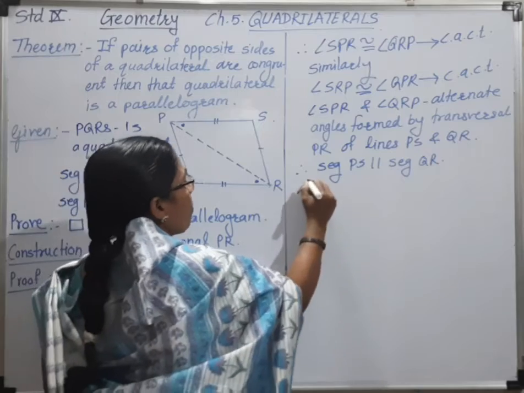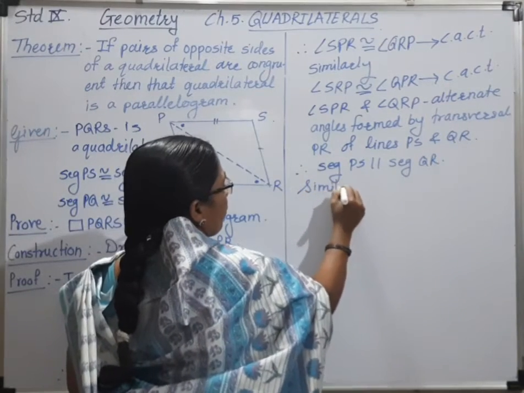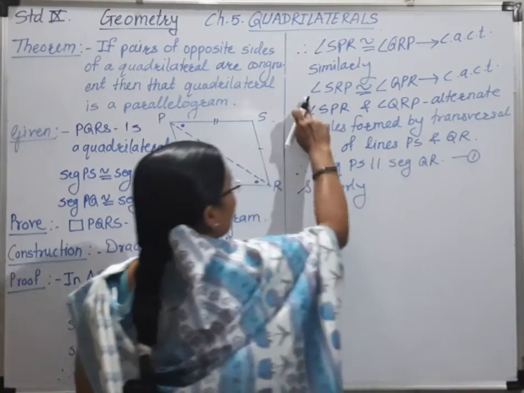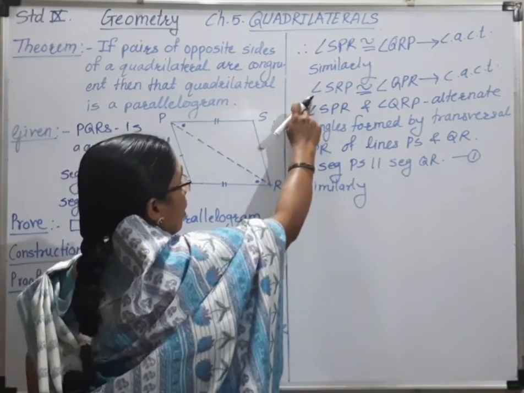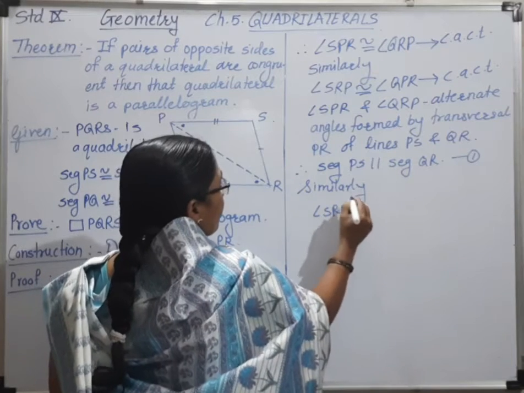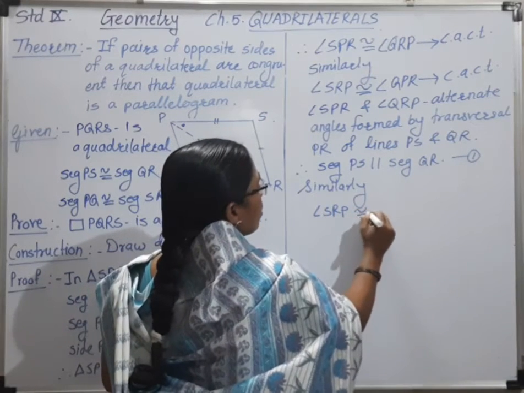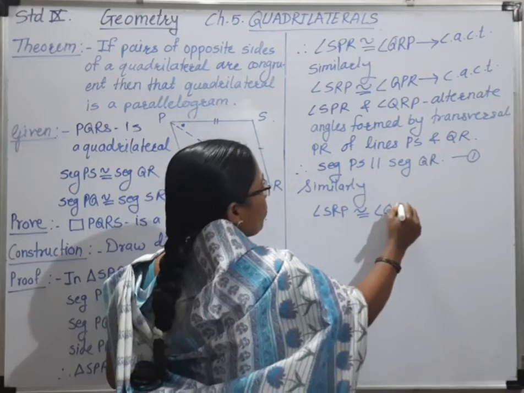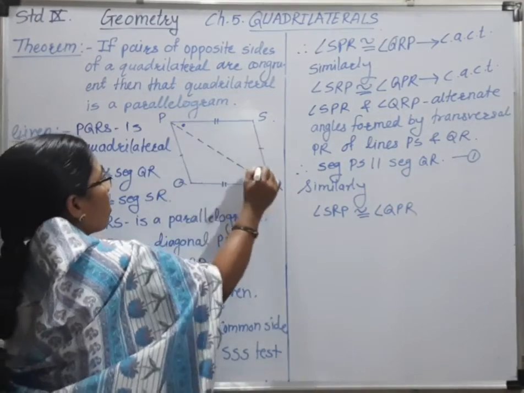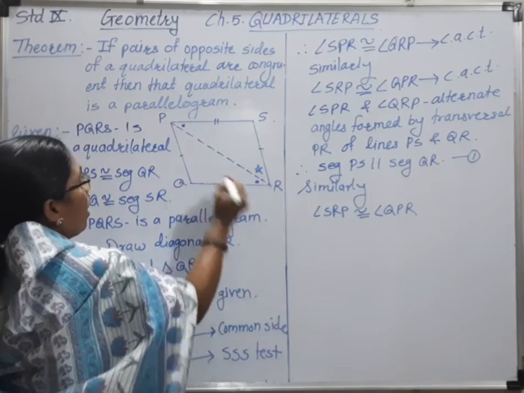Similarly here, now we have to take the another pair of the angle. Angle SRP is congruent to angle QPR, with this pair and this pair.